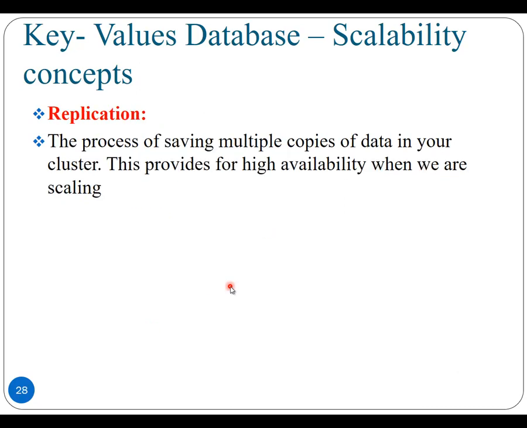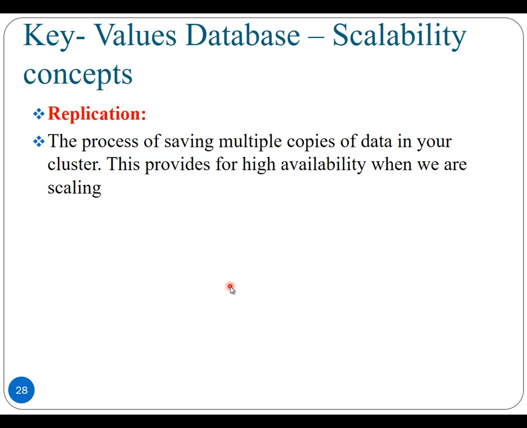Okay, the next subject in scalability is replication. Again, I talked about replication in the relational database. We said replication is getting copies of the database, and this replication helps the read operation.